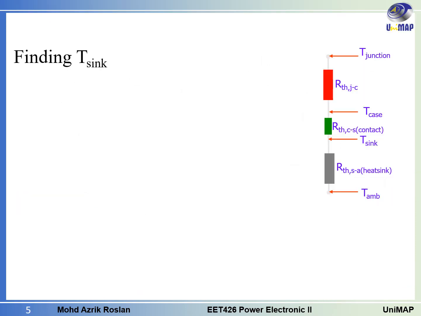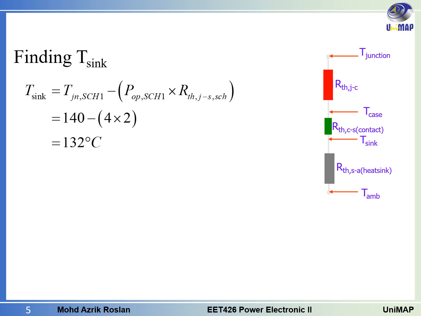Okay, and then we have to find the T-sink, which is the temperature at the heatsink. Because we know that the temperature at the heatsink should be the same for all the components. So now we want to find the temperature at the heatsink based on the value that we get from the Schottky 1.